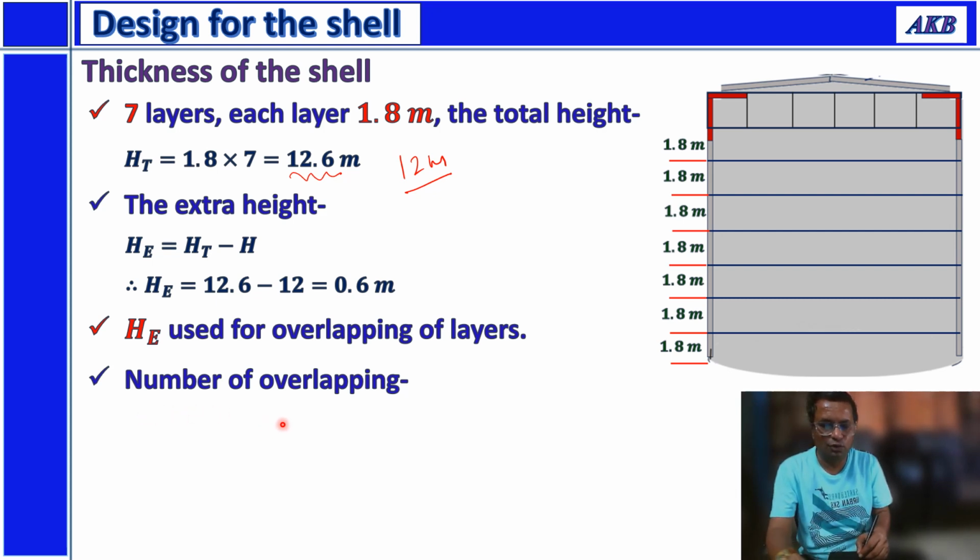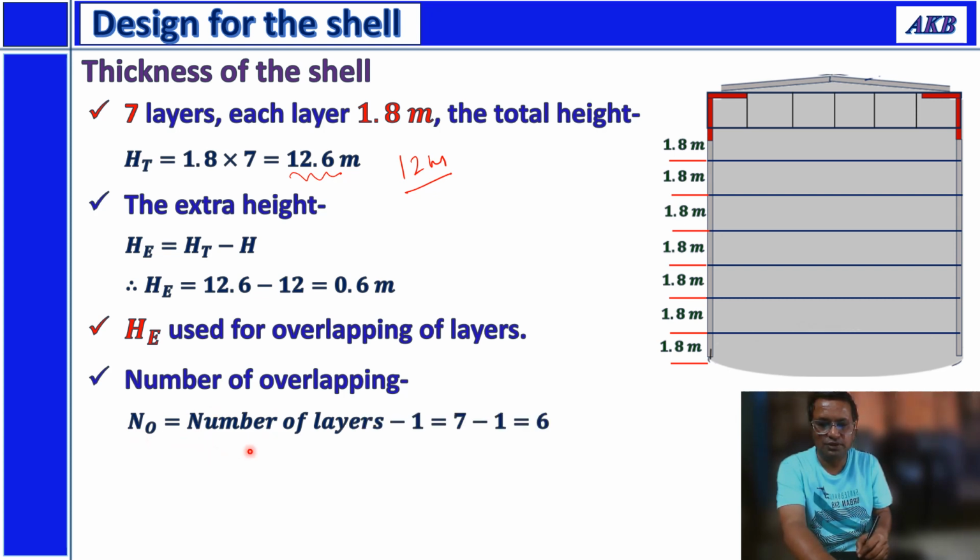So how can you calculate the number of overlappings? The number of overlappings, NO, is number of layers minus 1. In this case the number of layers is 7, and if you deduct 1 from that, the number of overlappings comes out to be 6.